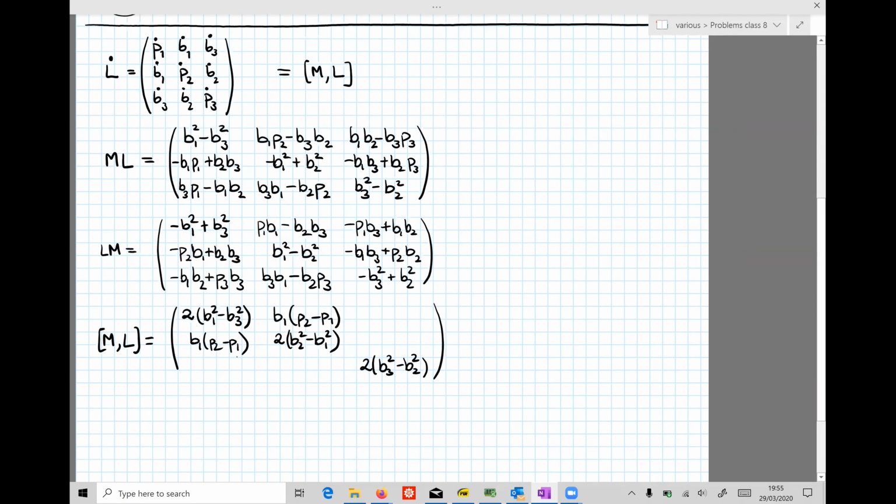That's good. Now entry 2,3, we get B2 times P3 minus P2, and for 3,2 we do indeed get the same result. So again we see some cyclic structure. Now entry 1,3 is B3 times P1 minus P3, and in entry 3,1 I have the same. Okay, good.